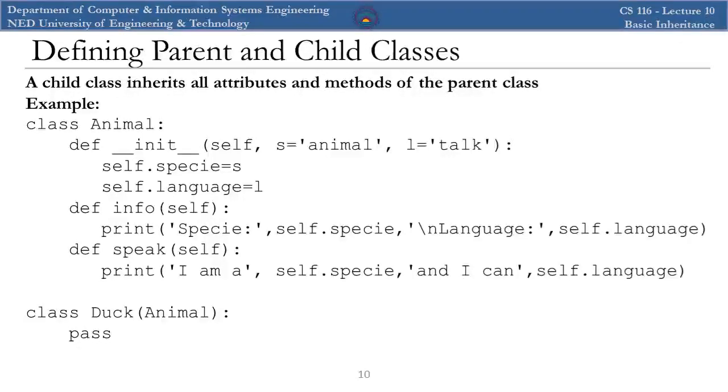Python won't allow me to just define a class by its name without defining any attributes and methods within this class duck. So if you want to do that, you can use the keyword pass and it will just pass. You don't have to write any formal code here. Similarly, you can use this statement with other constructs also.